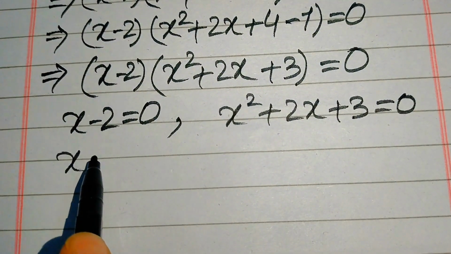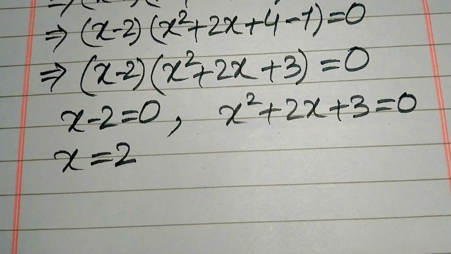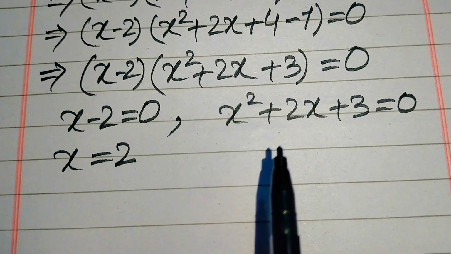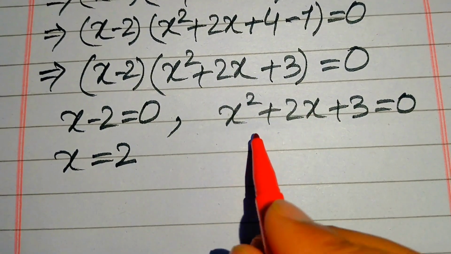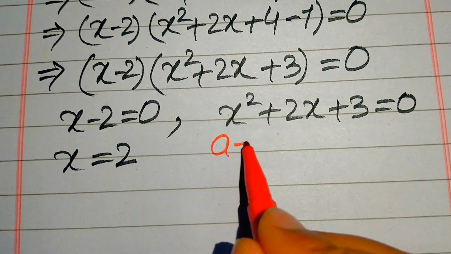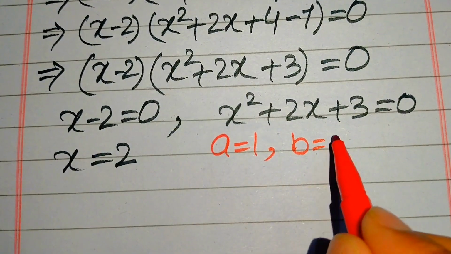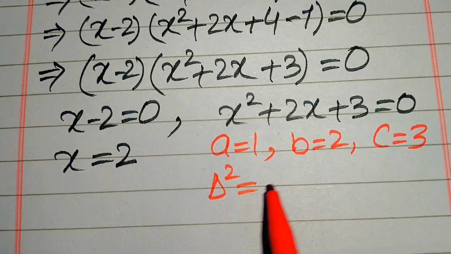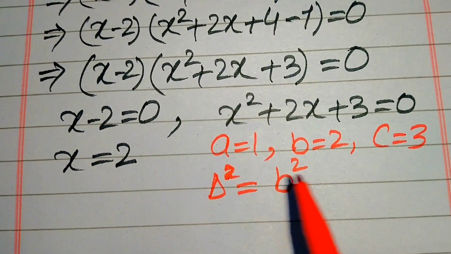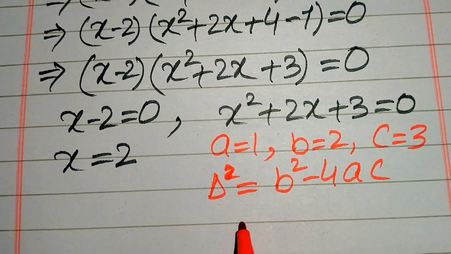From here we get x equals 2, and you see that we solve this problem for real values only. So first we need to check whether this quadratic equation has real roots or not, so we apply the discriminant formula for checking the roots. The coefficients of this equation are a equals 1, b equals 2, and c equals 3. The discriminant formula is delta equals b squared minus 4ac.